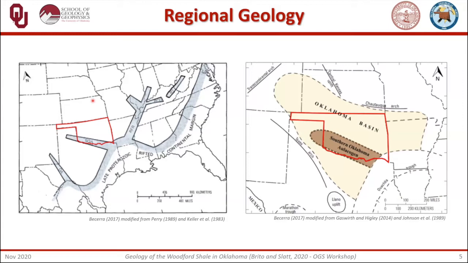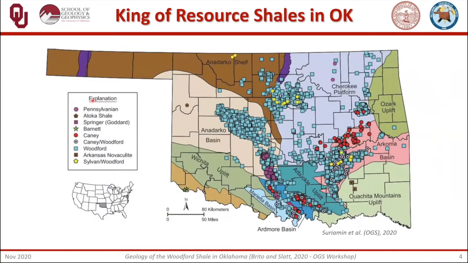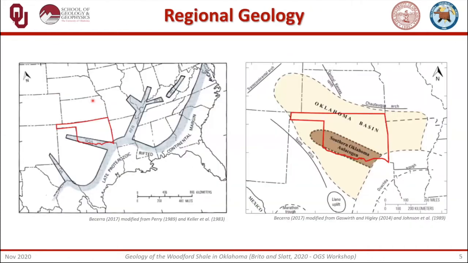This is the reason you develop a depocenter in Oklahoma, as well as part of Kansas and Texas, forming what's called the Oklahoma Basin. Even though we now break it into provinces like the Anadarko Basin and Arkoma Basin, during Woodford deposition you actually had a big, greater Oklahoma Basin, with paleotopographic differences within the basin.